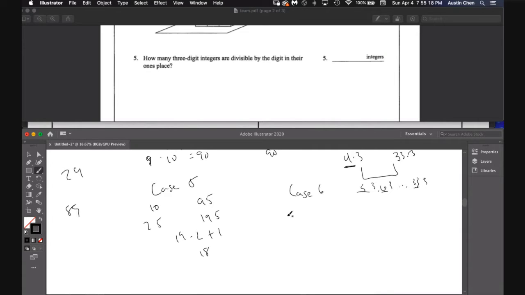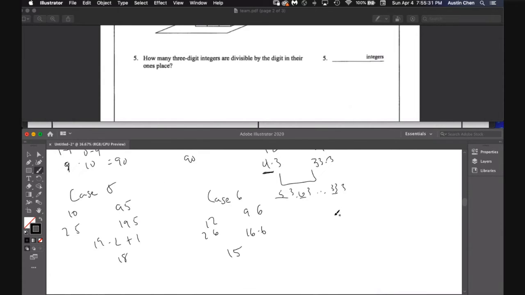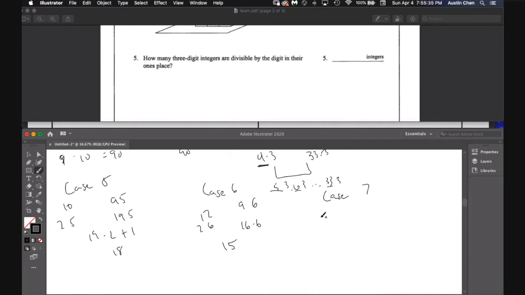Okay, and then 6, we're going to have 12, which is 2 times 6, and then we're going to go to 96, which is 16 times 6. And then this is going to be a range of 15. And then 7 is going to be 14, which is 2 times 7, all the way to 98, which is 14 times 7.